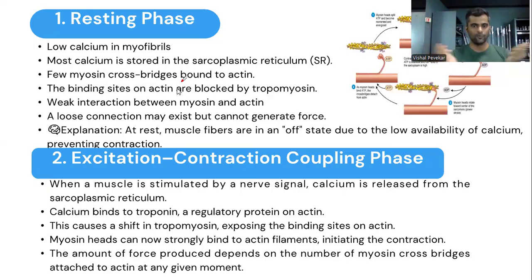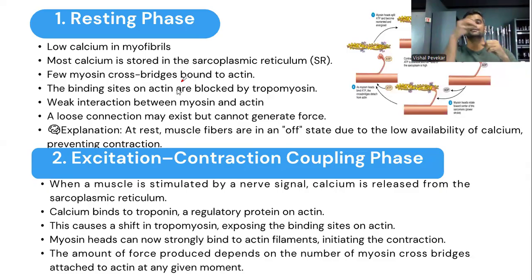Once the heads are pulled forward, a new ATP molecule binds with the head again. Now the heads are attached, so this head has to be removed for you to reach the relaxation phase. You can't stay contracting all the time. The heads pull by hydrolyzing the ATP, but for them to detach, you also need ATP molecules to bind again with the head of the myosin.